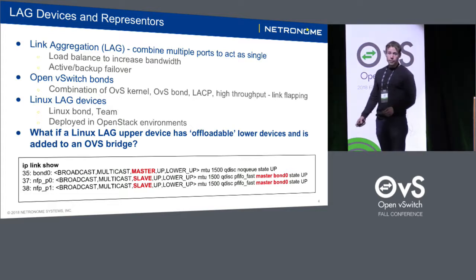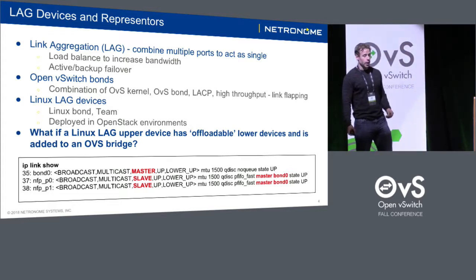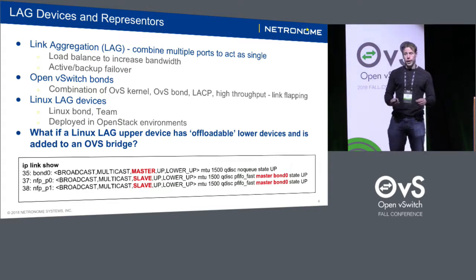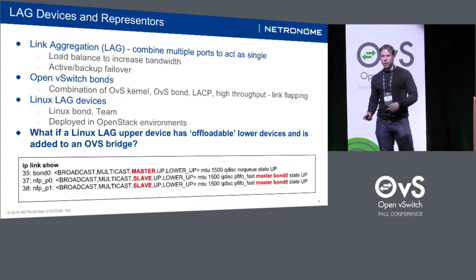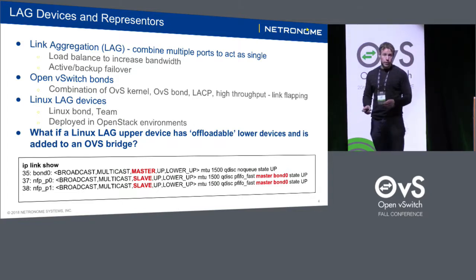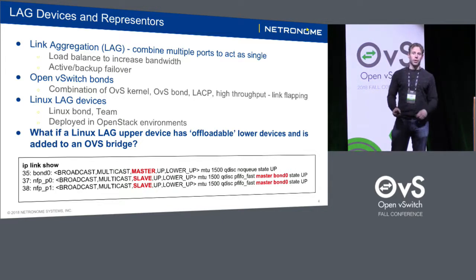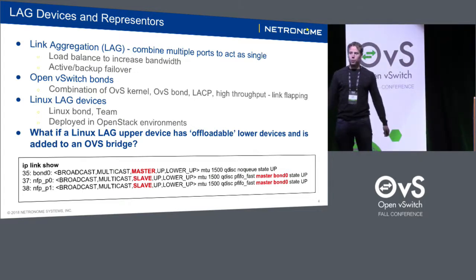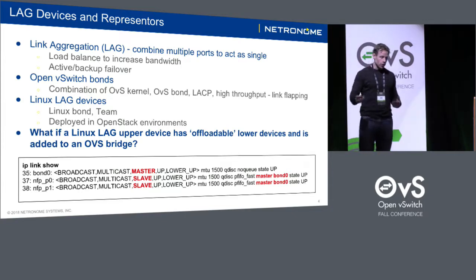So lag devices are quite simply a way of grouping together a series of ports to act as a single port. There are two real reasons to do this. Firstly, you may want to increase the bandwidth over a given link, so we load balance our traffic across the grouped lag ports, and we thereby improve the bandwidth efficiency across the link.